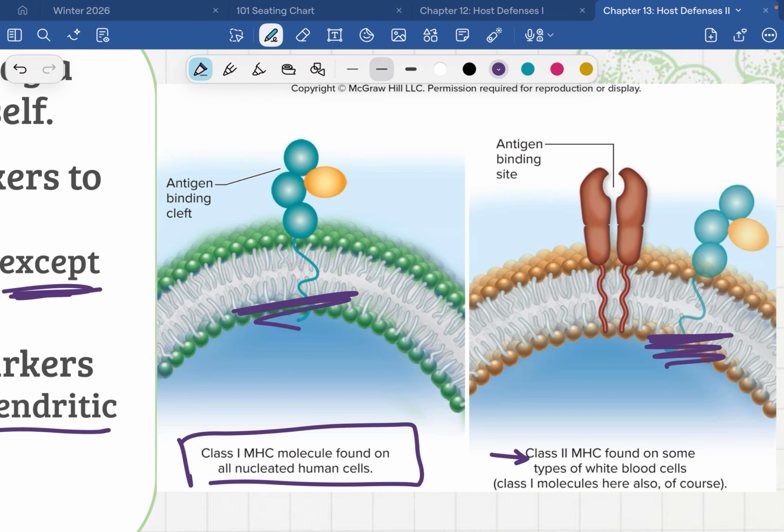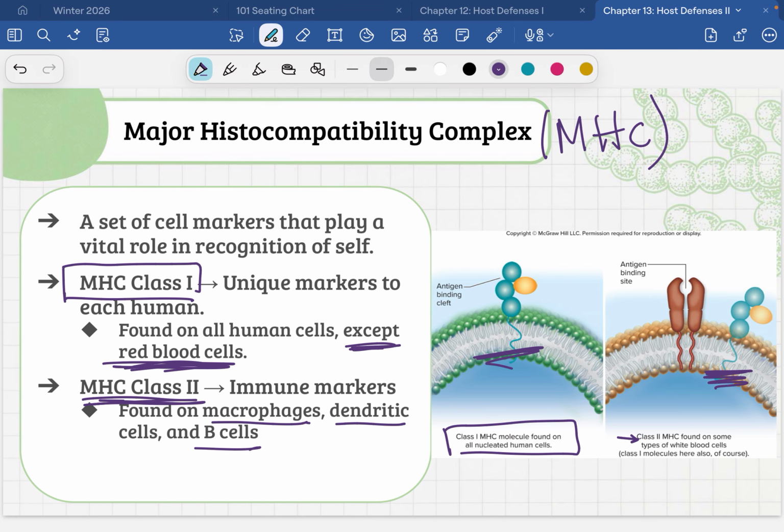All other cells only have an MHC class 1. Okay. So we're going to talk about the job of the MHC class 2 specifically in just a little while, but you have to know those definitions first.